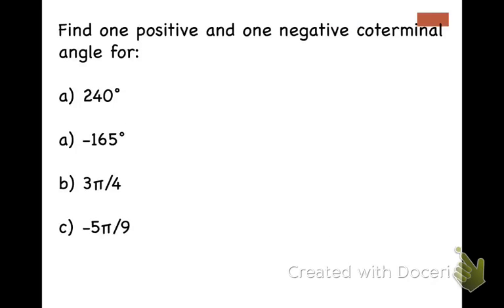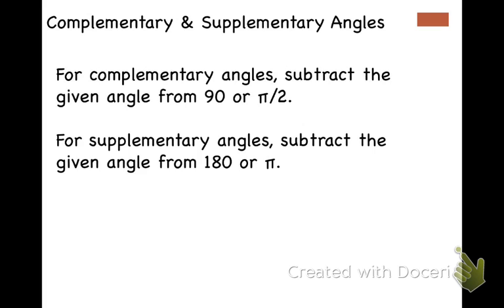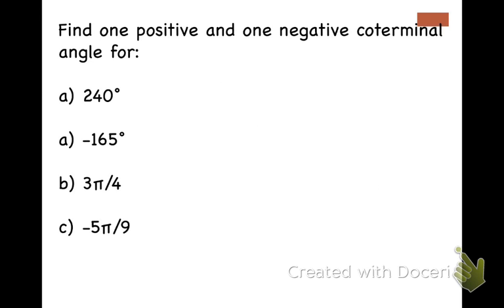So we're going to find a positive and negative coterminal angle for each of these. We're going to start with this 240, and it is in degrees. So for a positive coterminal angle, I can just take that 240 and add 360 degrees. So for my positive, I can do 240 plus 360, and I can get 600 degrees.